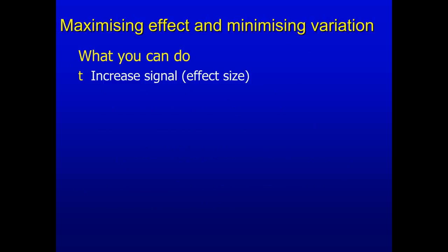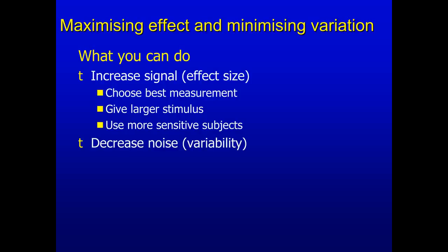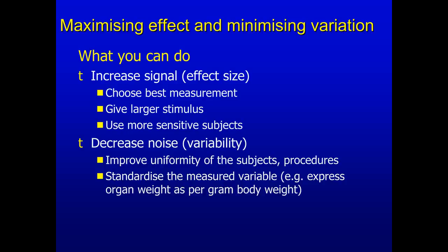And one element we talked about in improving and optimizing experiments is to think closely about maximizing effect and minimizing variation. In the first case, you can increase the signal, give a larger stimulus, use more sensitive subjects. In the second, you can decrease it by improving uniformity or standardizing or doing a covariate approach.